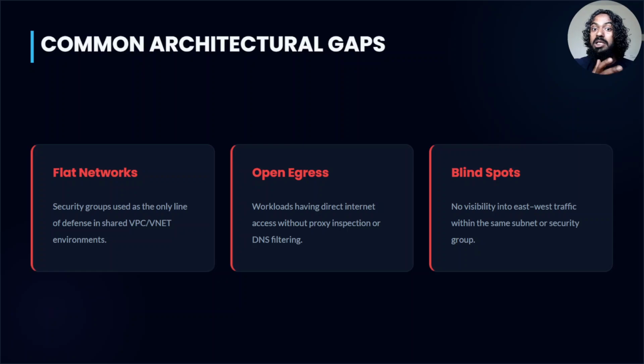We trust all the east-west traffic by default. That's a pain. That's a gap, right? And wide open egress. Many of you would have seen that. Then, as I already mentioned, DNS treated like plumbing, and firewall bypass paths. So these are architectural failures, not just operational mistakes, right?